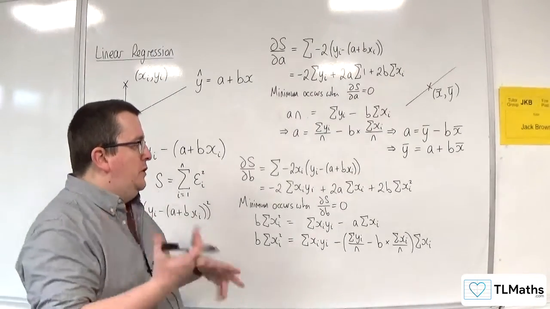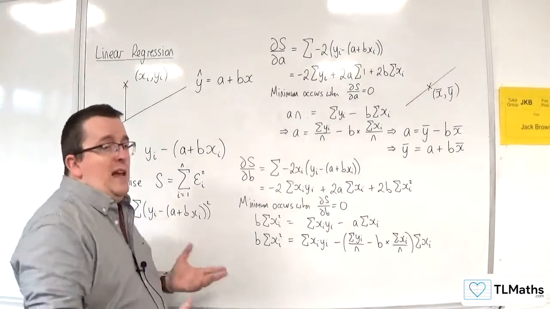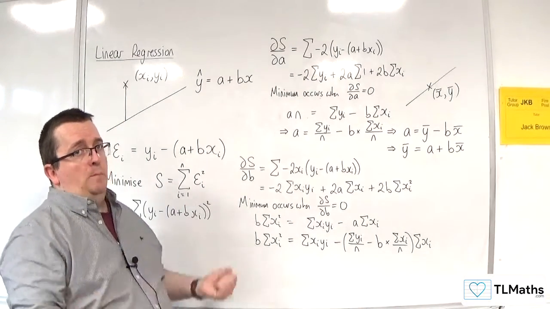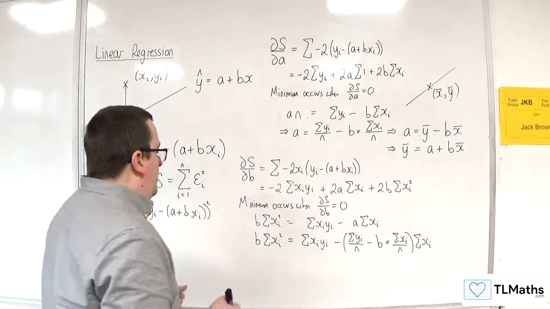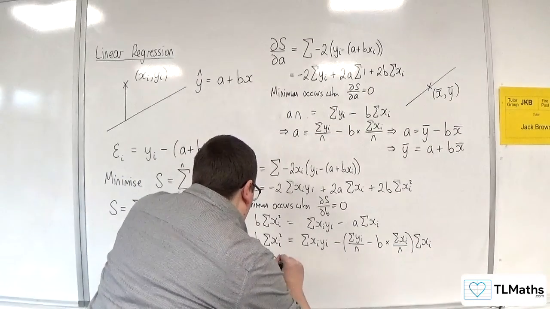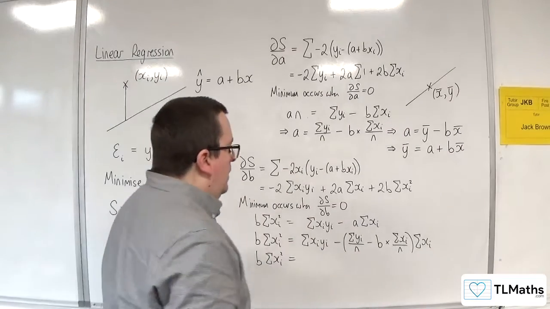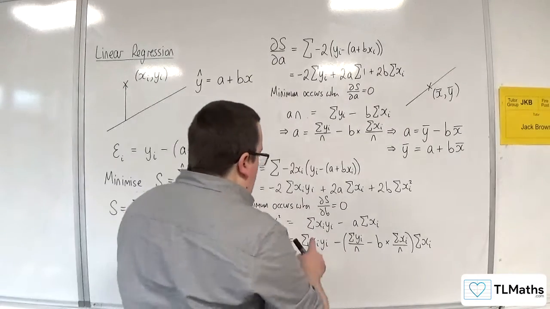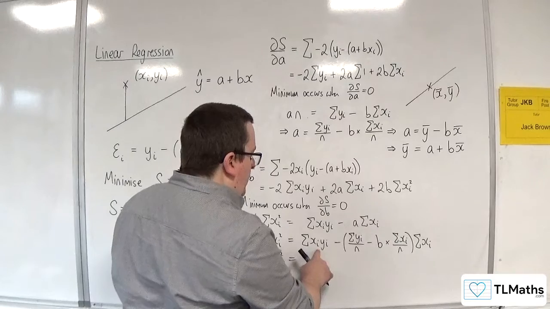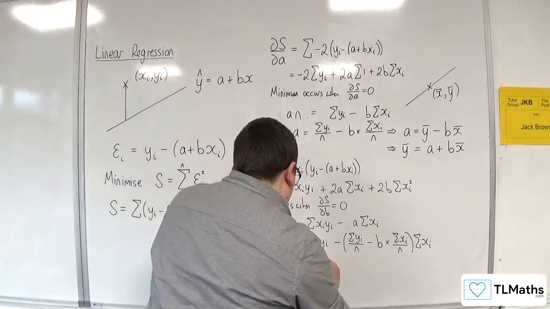I've got to do a few steps in one because I'm going to run out of space otherwise. I still want to get b equals. Now, the problem is that I've now got b on both sides of the equation. So b times the sum of xi squared can stay precisely where it is. I've got the sum of xi yi there.